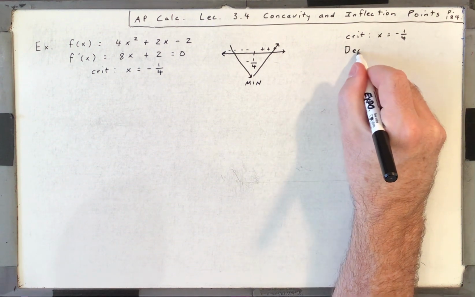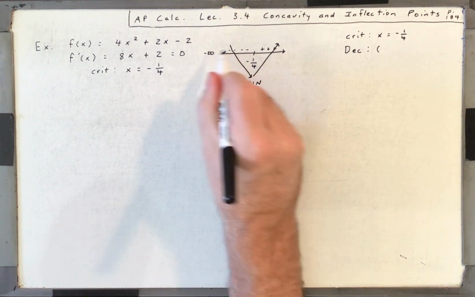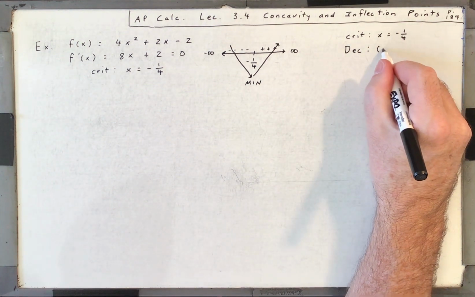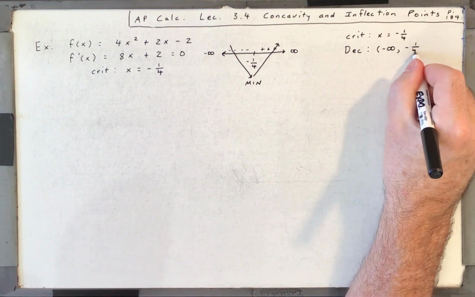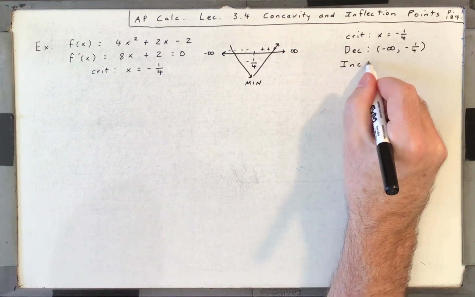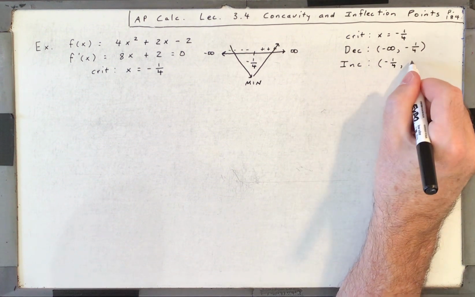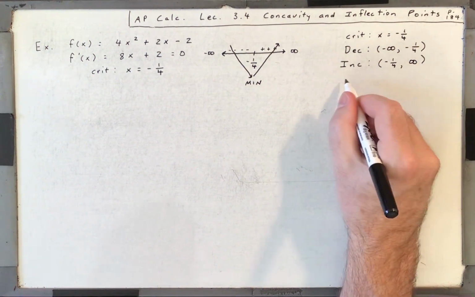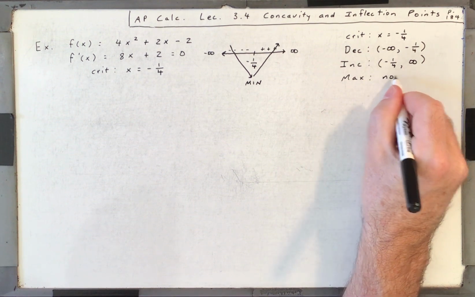We're decreasing from negative infinity to negative 1/4, and increasing from negative 1/4 to infinity. We don't have a max, but I want you to put that down, so no max.